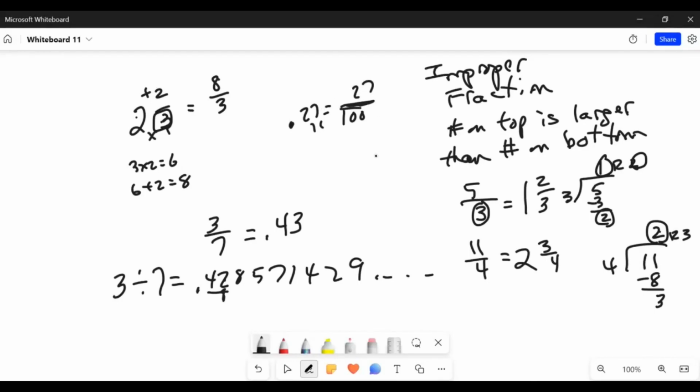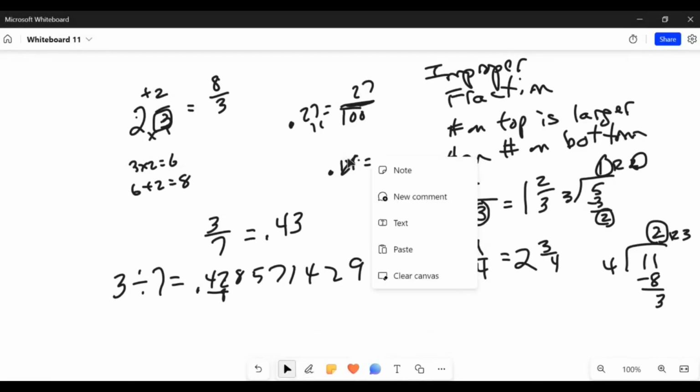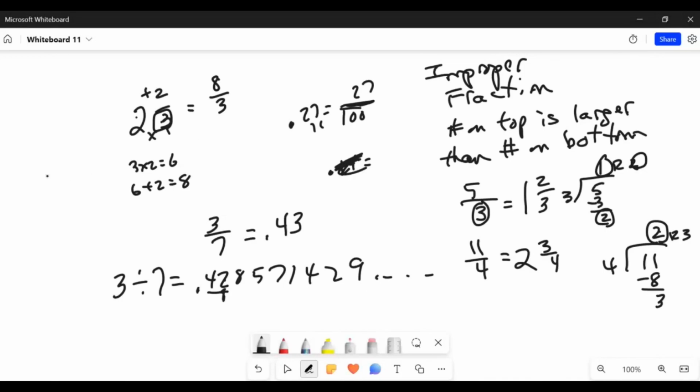And then you look to see if you can reduce. Let's do one like 0.130. That would be 130 over 1,000, and that will reduce. 10 goes into 130 13 times. 10 goes into 1,000 100 times.